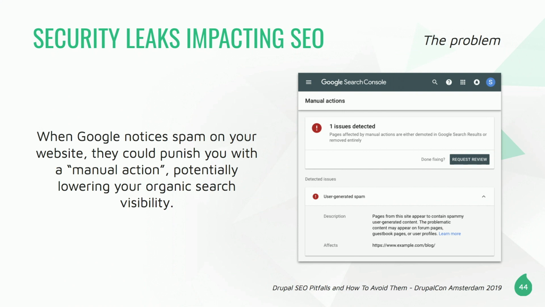If Google notices things like this, it could punish you with a thing that's called a manual action. And a manual action is an official Google employee which is explicitly saying this website, we're going to rank it lower because it has spam on it. So it's really something you don't want, because once you have a manual action, it's hard to get rid of. You can do it, but it's pretty hard.